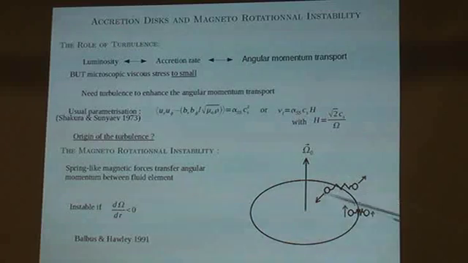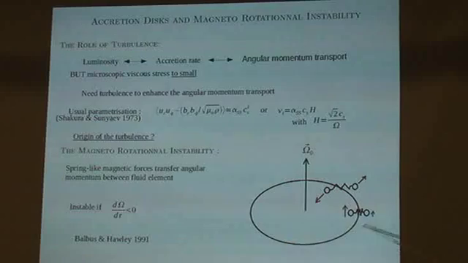By this process, angular momentum is transferred from this element to the other one. So this one will fall onto a lower orbit, while the other will go onto a higher orbit, and so on. This is the basic idea of the instability.